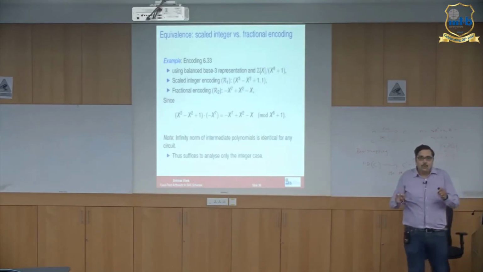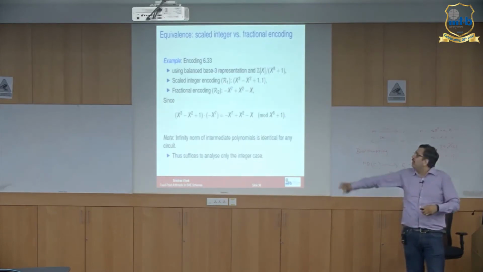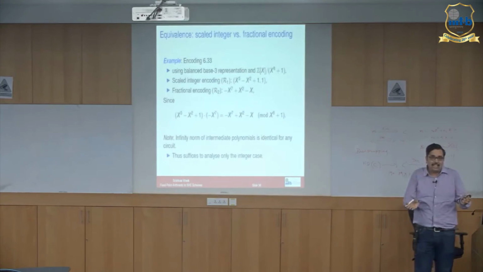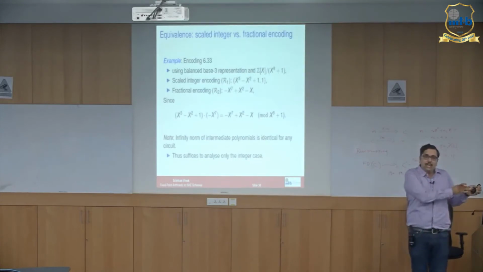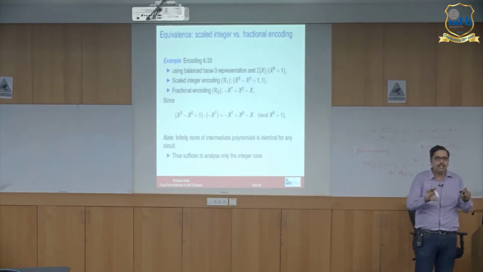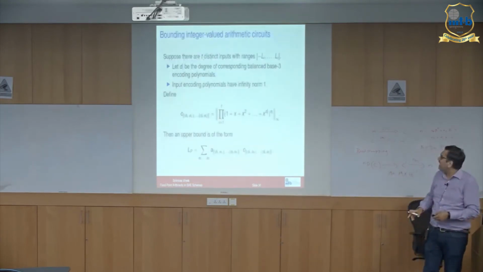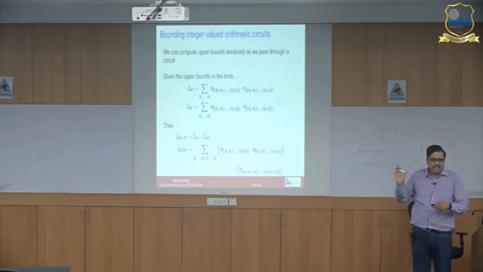Though the fractional encoding encodes in the leading coefficients, and there is a possibility of quicker growth, it does not. So as far as the analysis is concerned, we can just do the integer encoding: represent all your fixed point inputs as integers and then do the encoding. So this solves the problem. That's the first technical result, and then we give bounds on all this, okay?